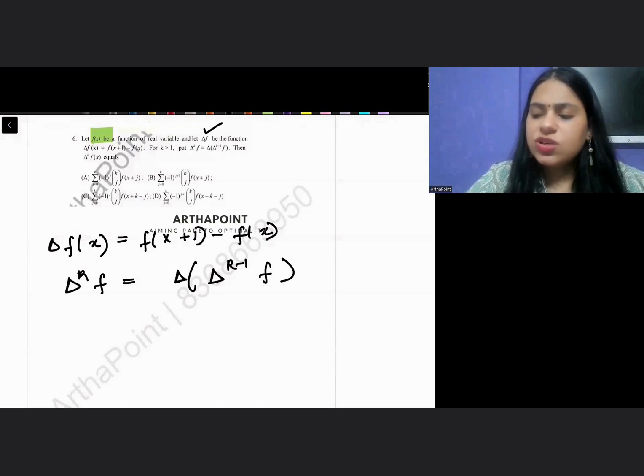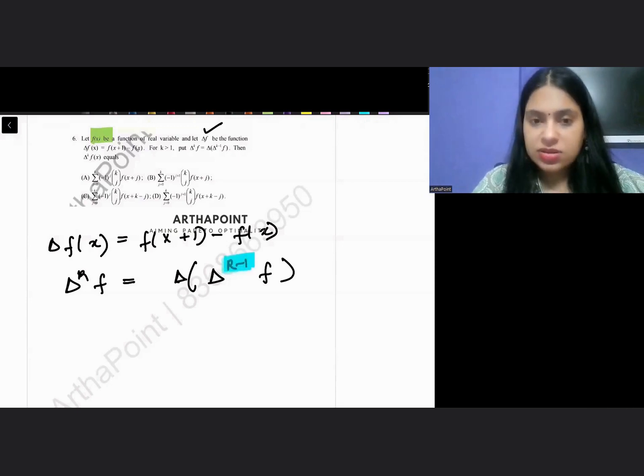So ideally, shouldn't this be the case even with the general derivatives? That if you have to find the kth derivative, then you will find the k minus 1th derivative, and then again you will find the derivative, you will get the kth derivative. Isn't that exactly what we do, right?